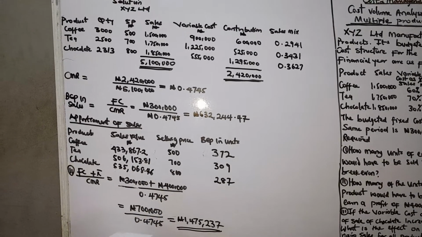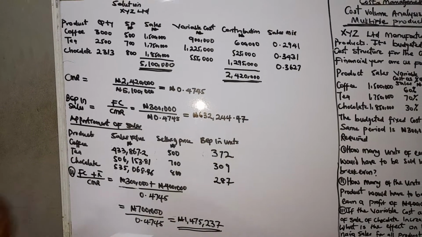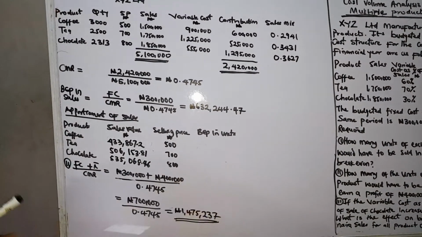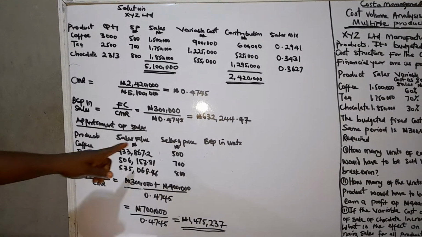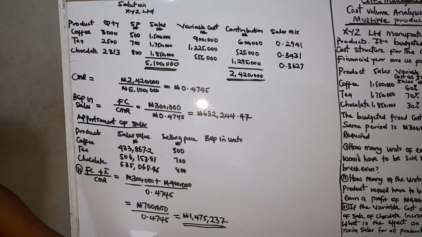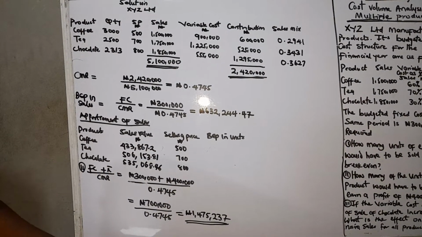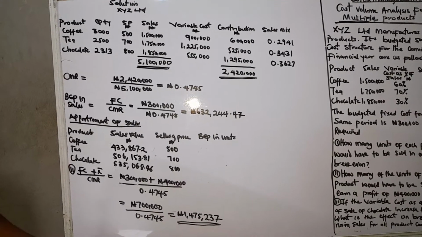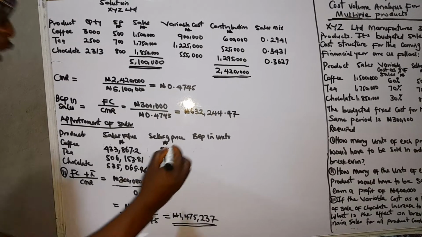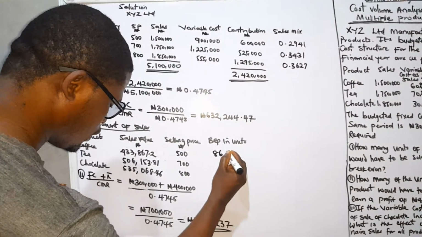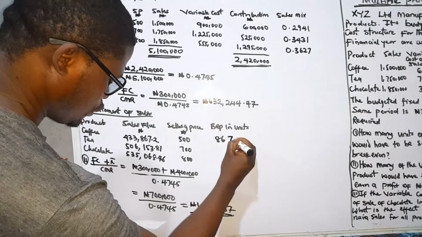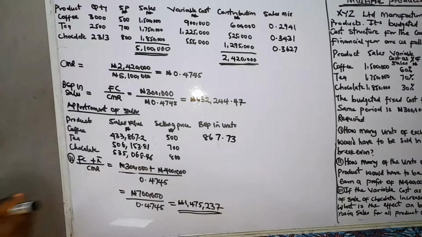535,068.46. So then the break-even point, now what the examiner is asking us is how many units, right? So this one divided by 500, that's what I will do. 433,867.2 divided by 500 gives 867.73.